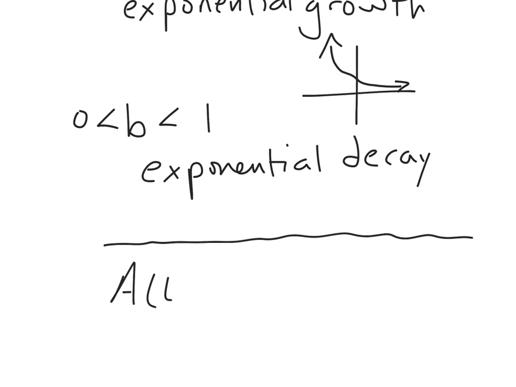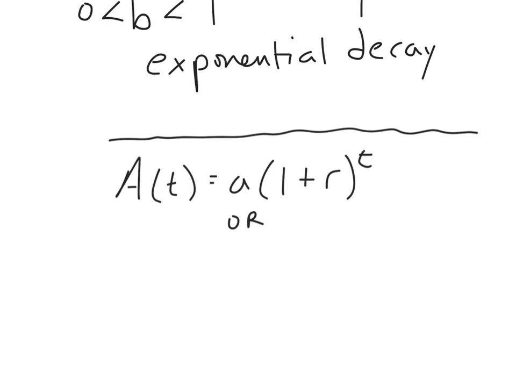A of t equal to a times 1 plus r raised to the power of t, or a of t equal to a times 1 minus r raised to the power of t. We'll use one of those two formulas.